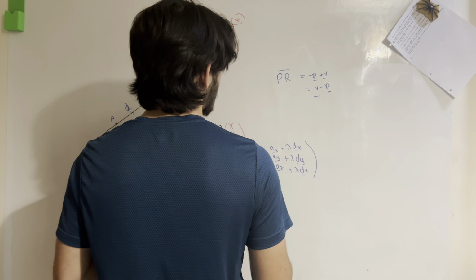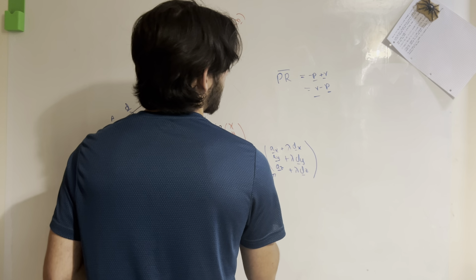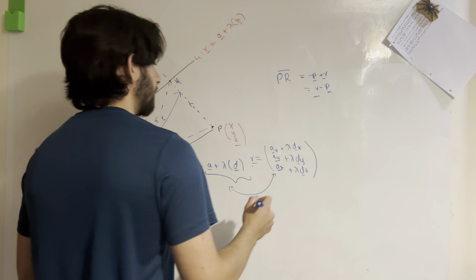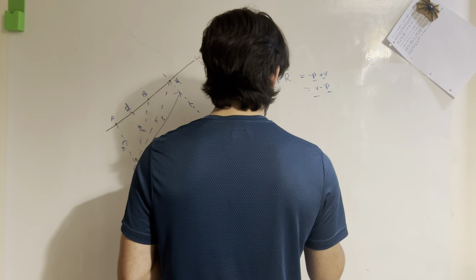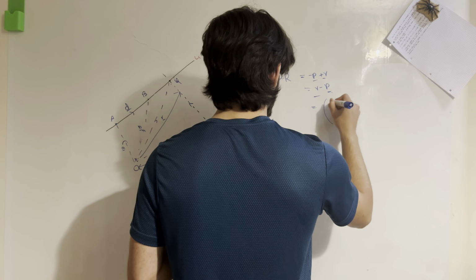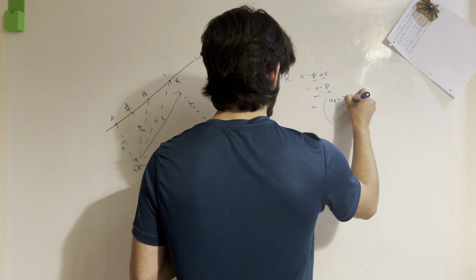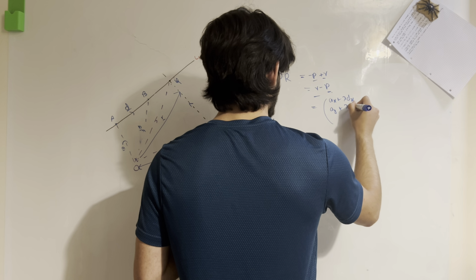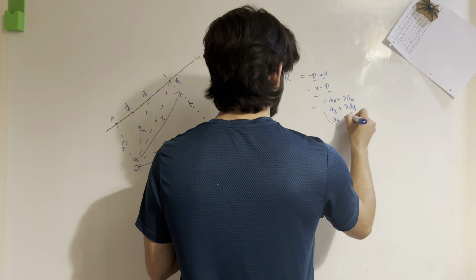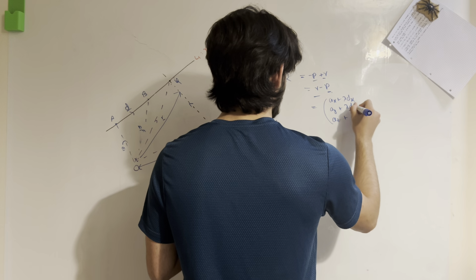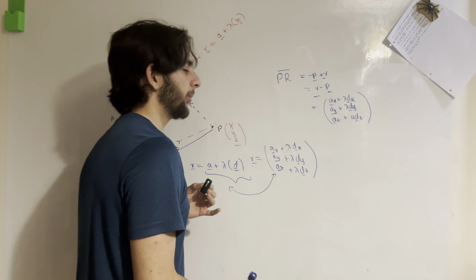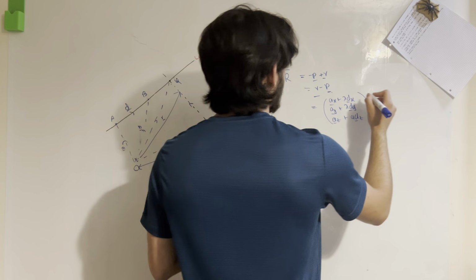Here we have R minus P. But crucially, we know what R is and we know what P is as origin vectors. Therefore, we can just substitute. We have ax plus lambda dx, ay plus lambda dy, az plus lambda dz, and don't forget to underline. It's very important that you use correct notation as well.